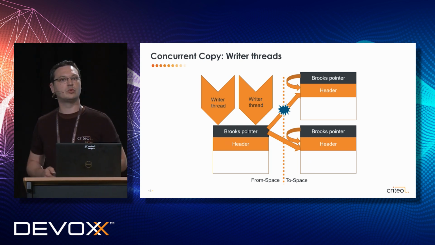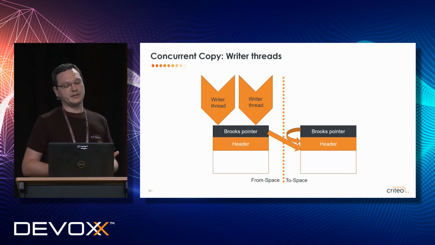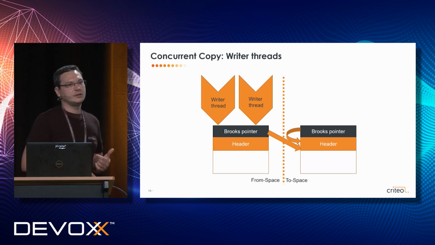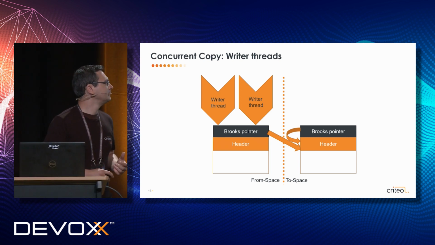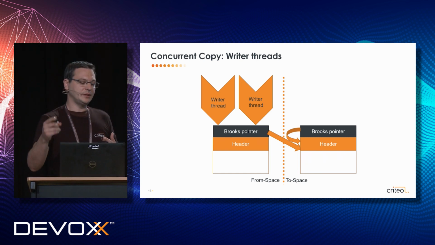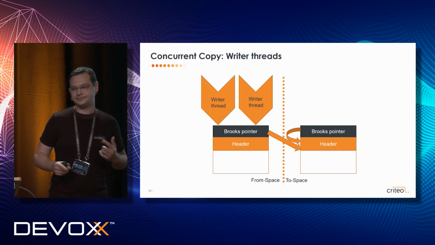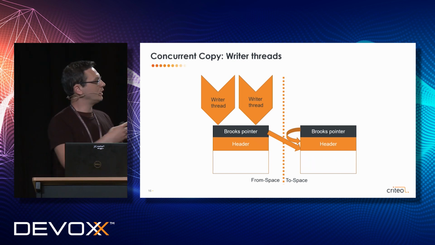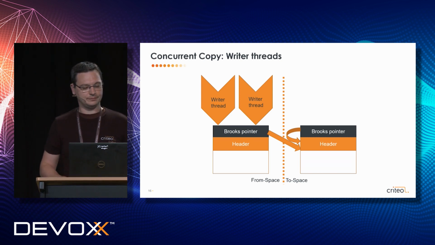It needs to reread the Brooks pointer, see that it has been updated, and use the new one to access the correct object, and the other copy of the object will be discarded. So one will really copy the object and update the Brooks pointer, and then the other thread will just follow the Brooks pointer and write into the object at the correct location.